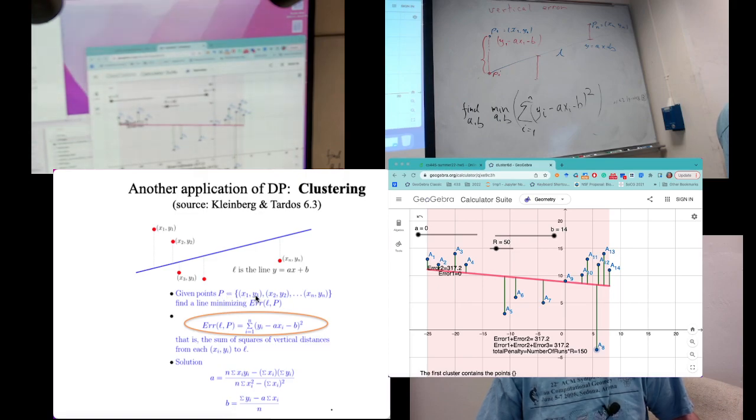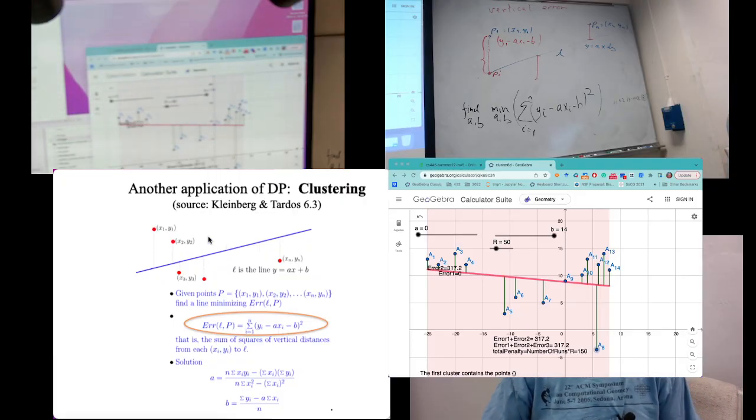P1 is (X1, Y1), P2 is (X2, Y2), all the way up to (Xn, Yn). And very important, all these points are sorted from left to right. That is, X1 is smaller than X2 is smaller than ... Xn.